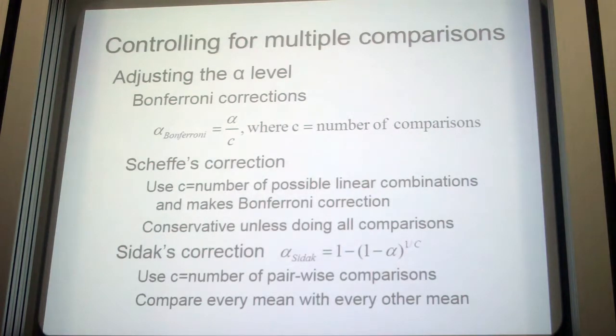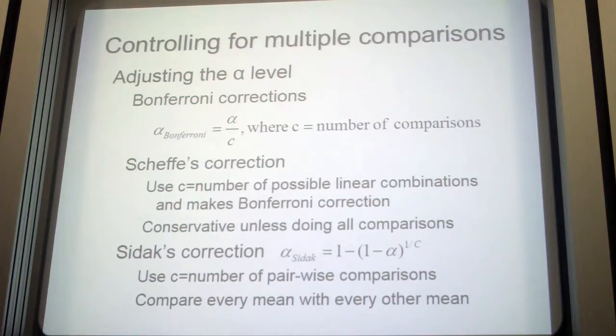One class of doing this is to adjust our alpha level. The Bonferroni correction, which is the one that's standardly used, I'm not quite sure why, is that you look at the number of pairwise comparisons you're going to do and divide the alpha level by it.